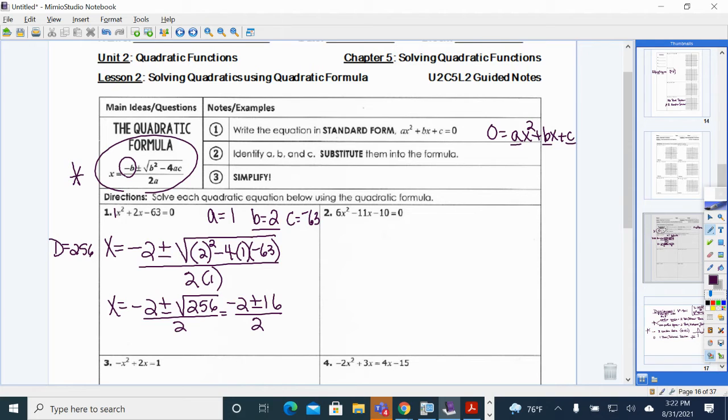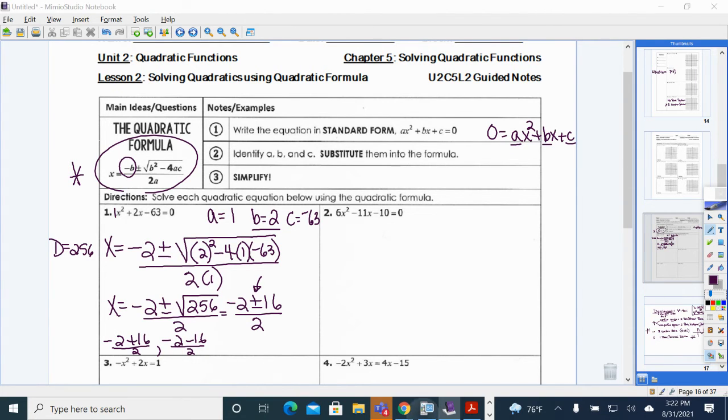We don't have our answers yet. What we need to do to find those answers is split this up into the 2. So the plus and the minus that's right here is going to give you your 2. Negative 2 plus 16, you're going to divide that by 2. You're going to take negative 2 minus 16 and divide by 2. And that will give us our 2 solutions.